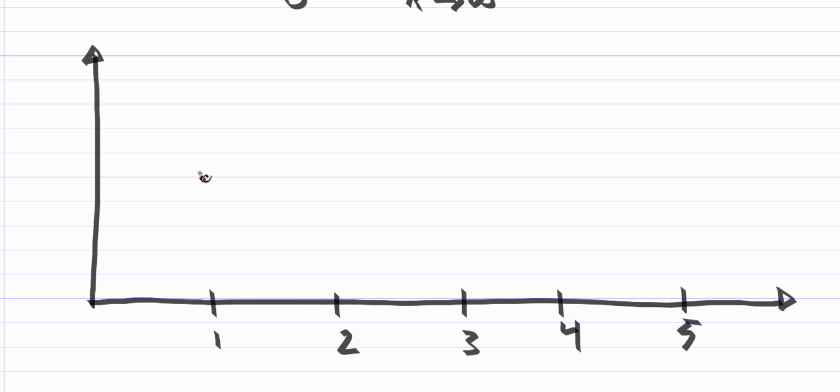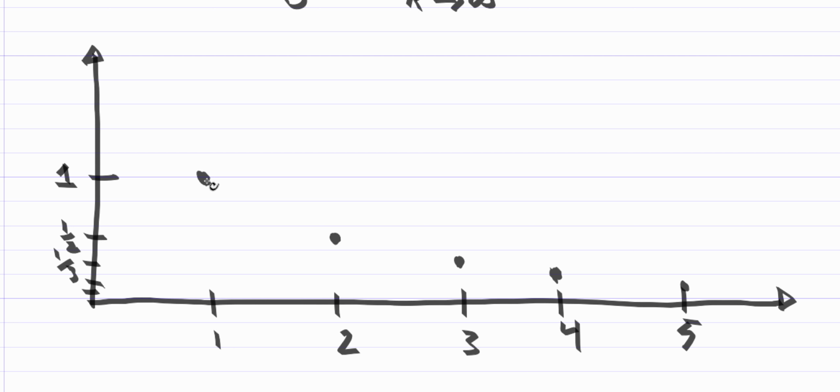Well, 1 over 1 is that. 1 over 2 will be 1/2, which will be right here. 1 over 3 will be about here. 1 over 4 will be even smaller, and then 1 over 5, even smaller than that. So these are the terms in the sequence that defines the harmonic series. So this is the harmonic sequence.